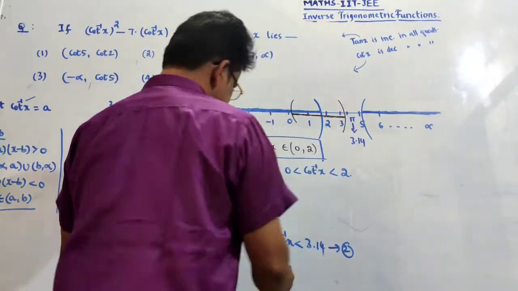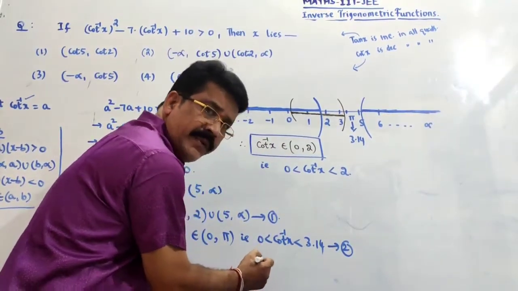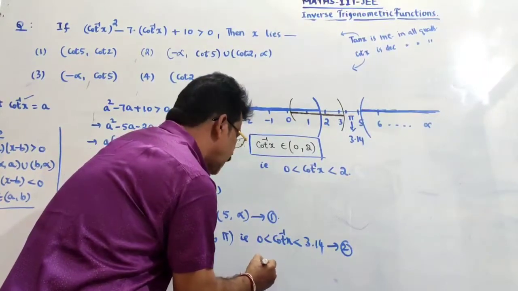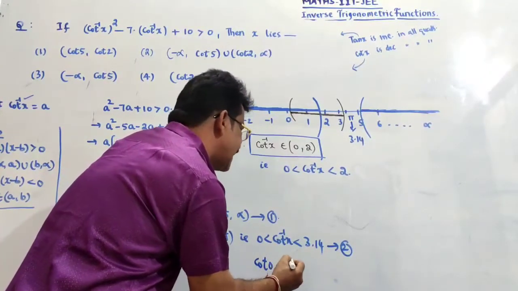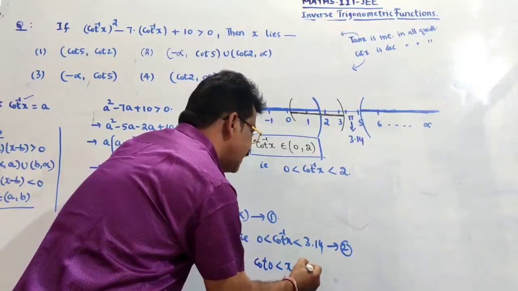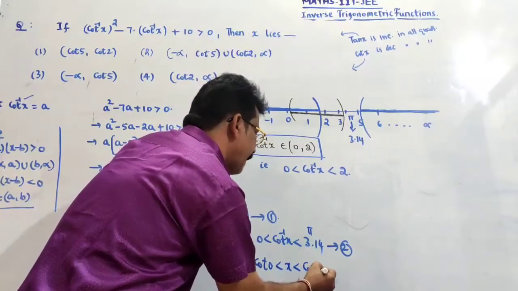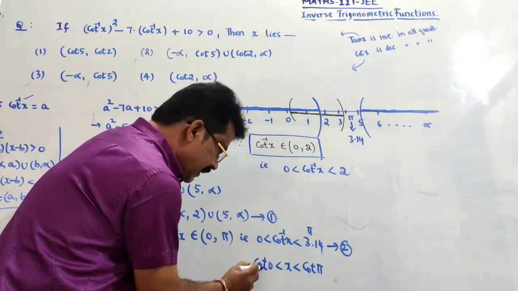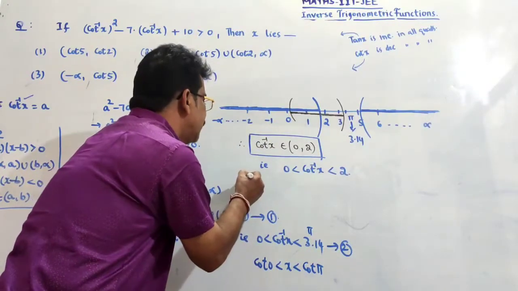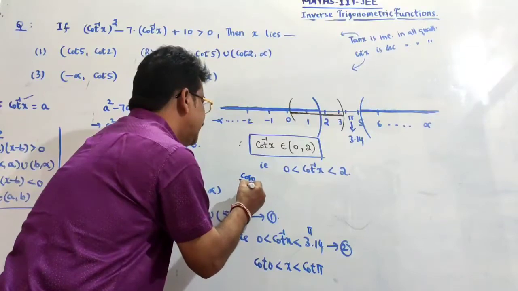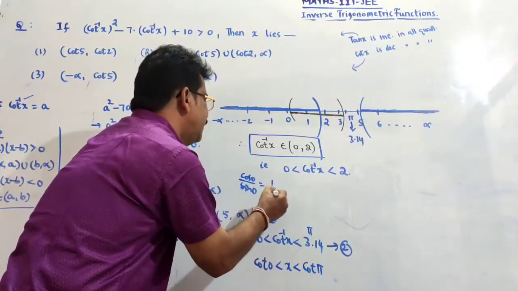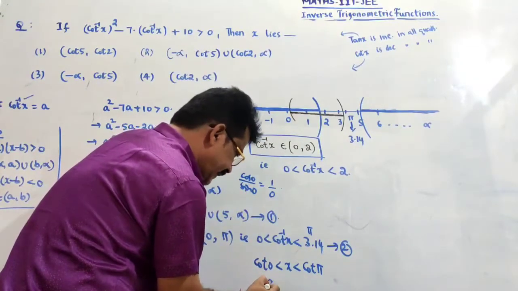So here, please don't write like that: cot 0 less than x less than cot pi. Actually, cot 0 means cos 0 by sin 0. Cos 0 is 1, sin 0 is 0, so it is infinity.